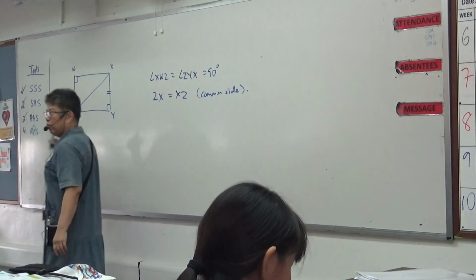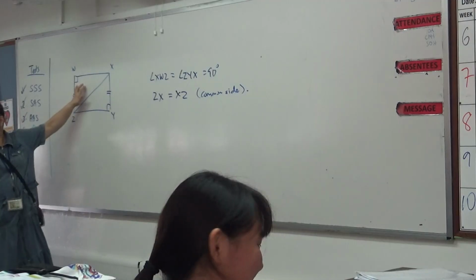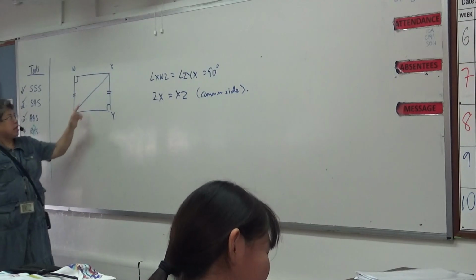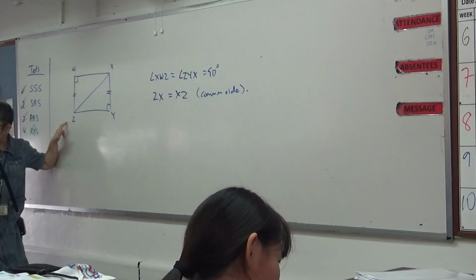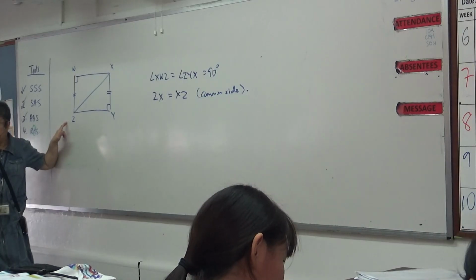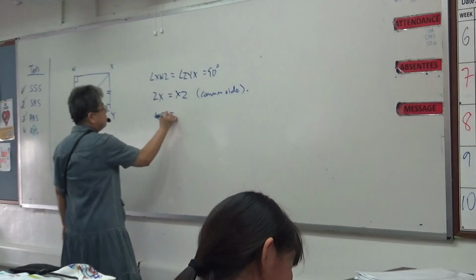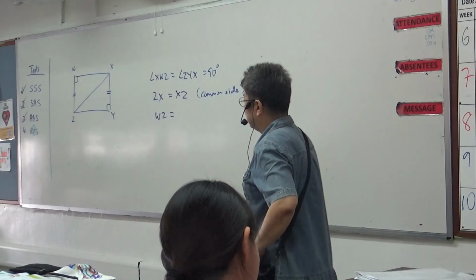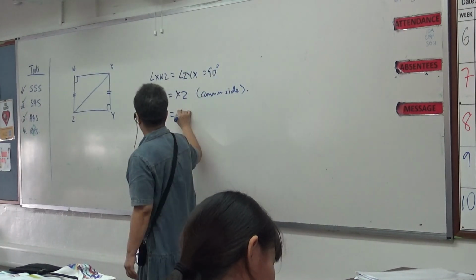I tell you why, all of you come. This is ZX, it belongs to this triangle, right? ZX, so it must be from the double, so it must be XZ, you see it? Okay, so it's a common side. Now, next one, WZ equals YZ, and WX equals YX.